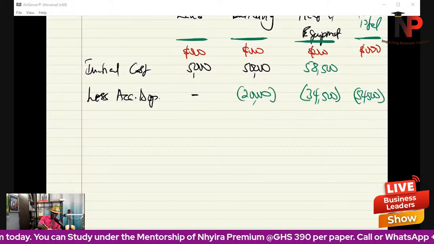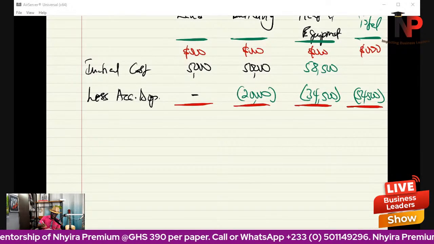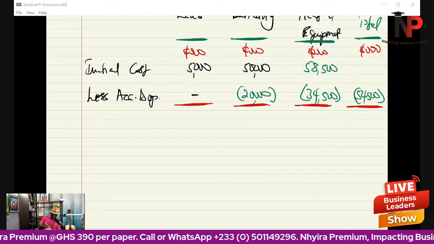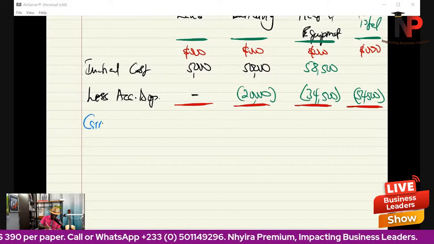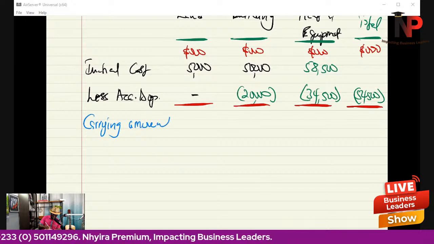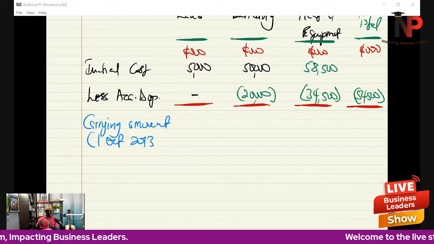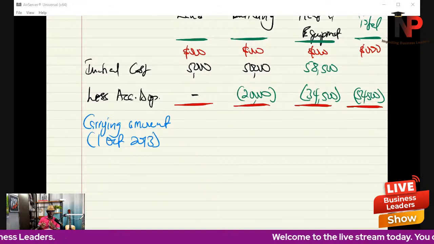I'm going to need the total columns as well for my workings. So let's pick a new ink. So this will be the carrying amount at the beginning of the year, which is the 1st October 2013. So at the beginning of the year, this is the carrying amount of our assets.